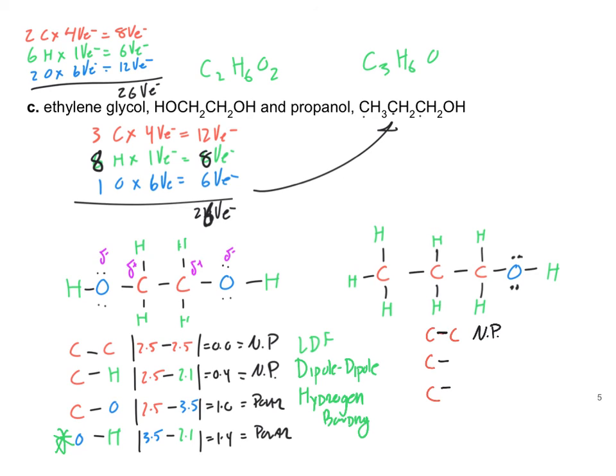We have carbon and hydrogen, which is also nonpolar. Then we have carbon and oxygen, which we have already identified to be polar. And we have oxygen and hydrogen, which we've also identified to be polar.